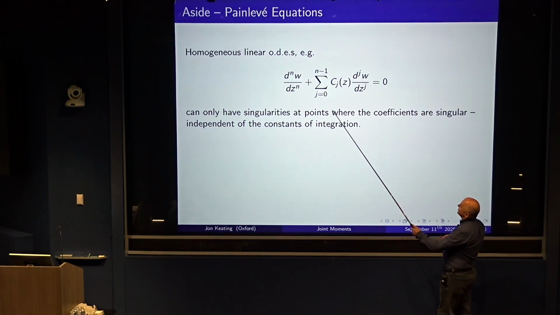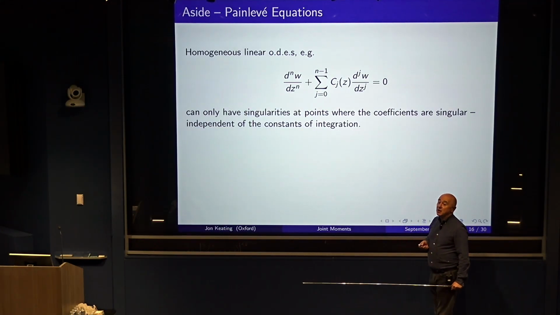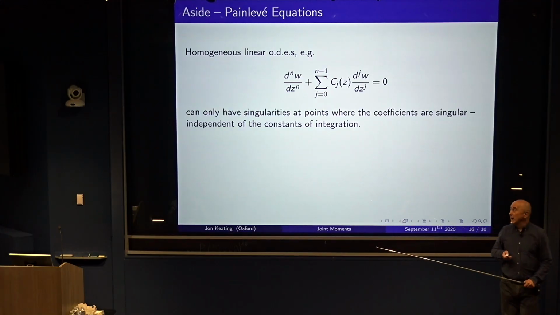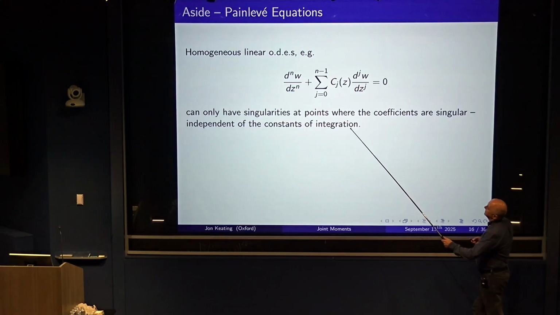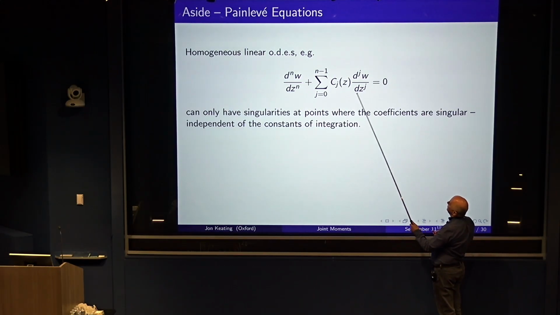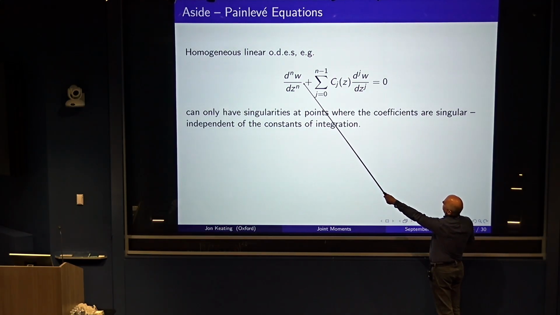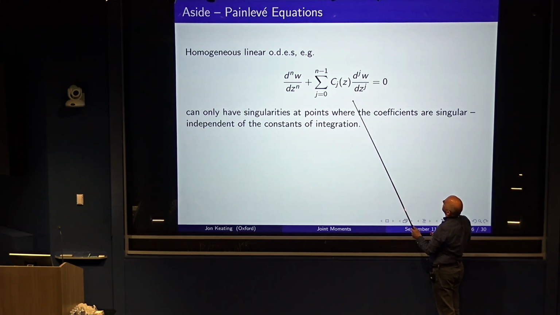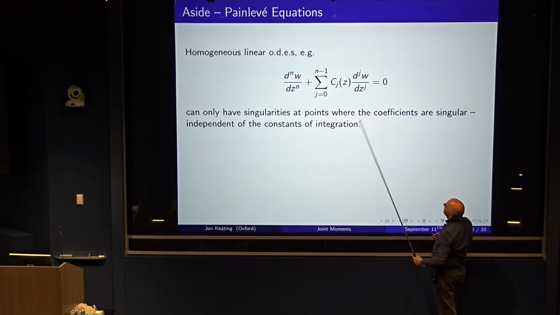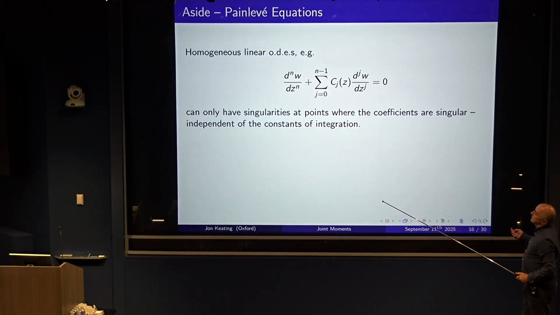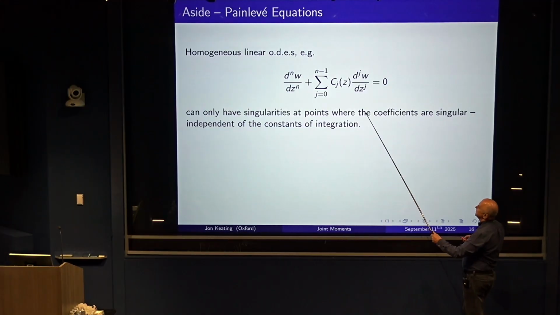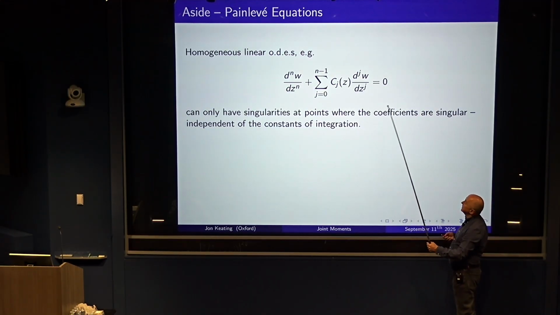So let me go back to your first course on linear ODEs. There's a famous theorem that says that if you have a system of linear ODEs of this form, where W is the function we're trying to calculate, Z is the variable, and the coefficients might depend on Z, but the system is linear, the solutions of this equation can only have singularities at points where the coefficients Cj are singular.